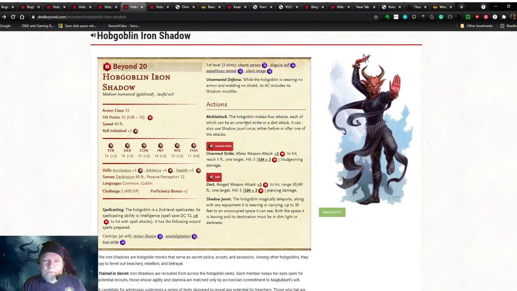Yeah, it does have wizard spells there. Then multi-attack, 4 unarmed attacks, or throwing a dart. And then the Shadow Jaunt, so it has the ability to teleport 30 feet magically, and along with anything it's carrying. And so that is as long as it can teleport into and out of an area of shadow.